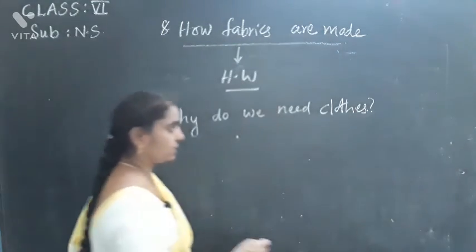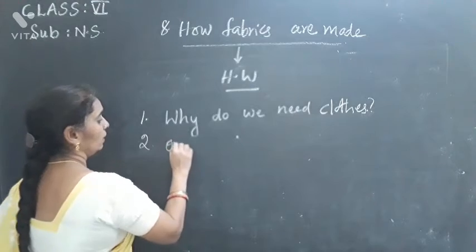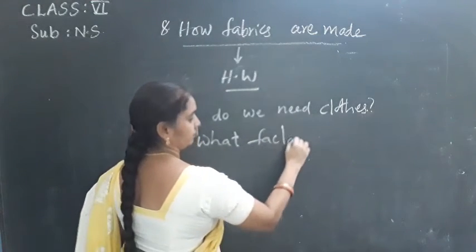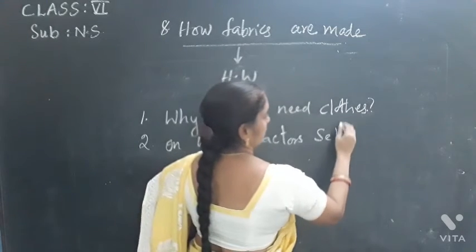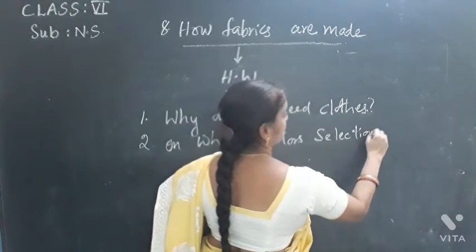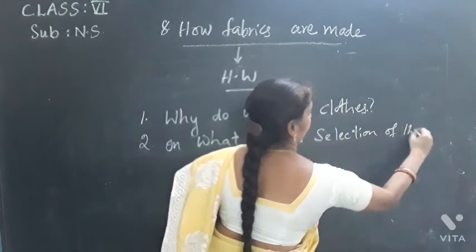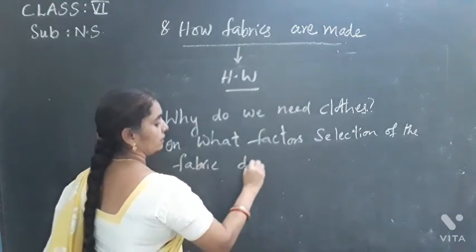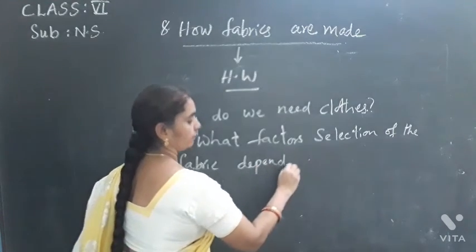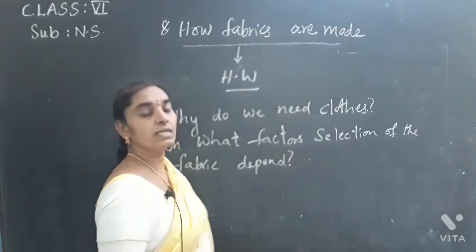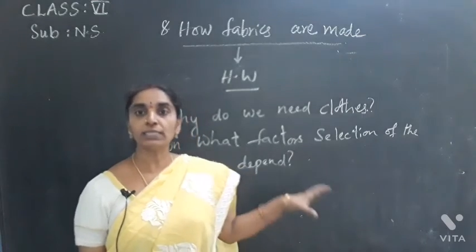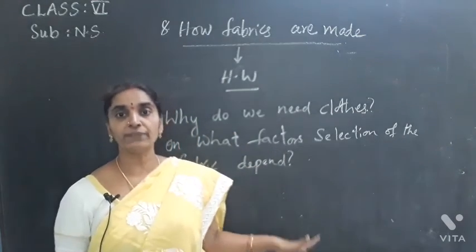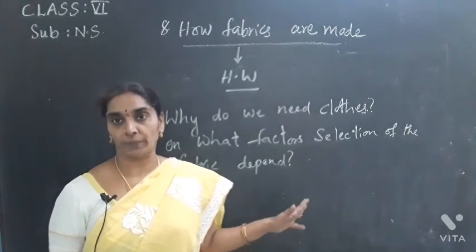And the next question is, on what factors does the selection of the fabric depend? As I said earlier, selection of the fabric depends upon personal choice, personality of the individual, purpose and properties.